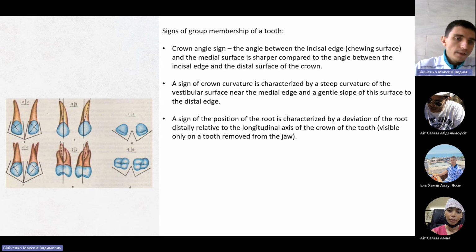You know that if there is a midline, you must make your crown so that the angle to the midline is sharper than the distal. If we make the opposite tooth, for example, the crown, there we could see a root. So here is the crown angle sign. This is very important to know.